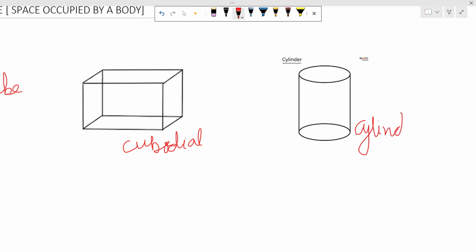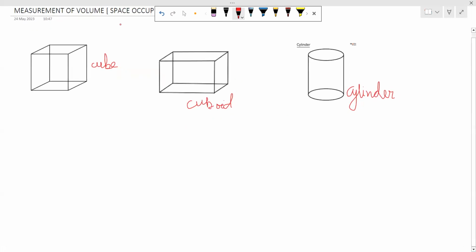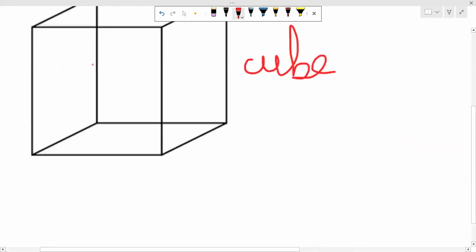So these are the three shapes: cube, cuboid, and cylinder. So, what is the volume of this cube?